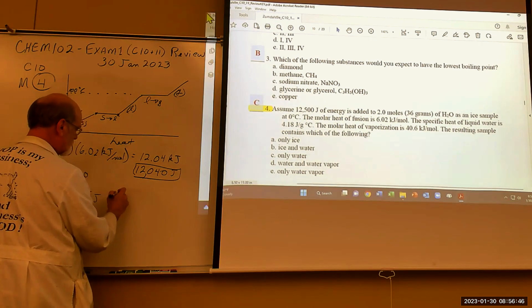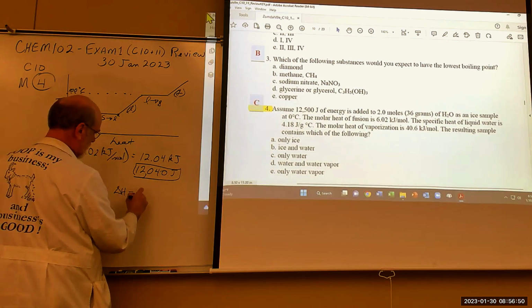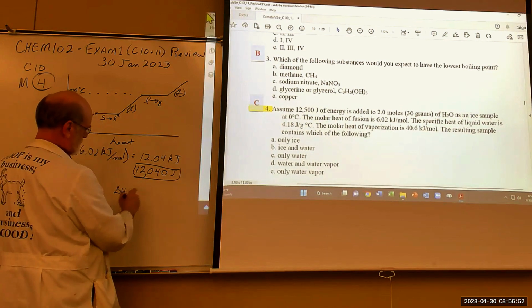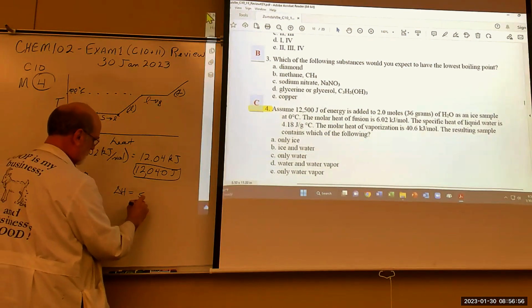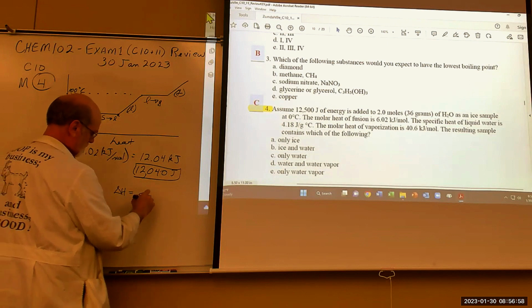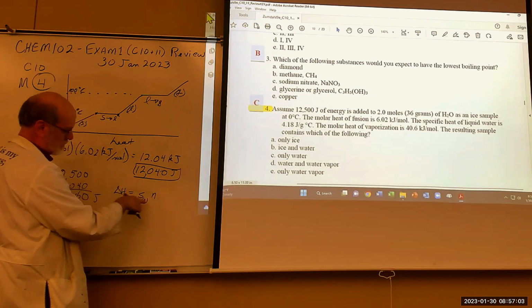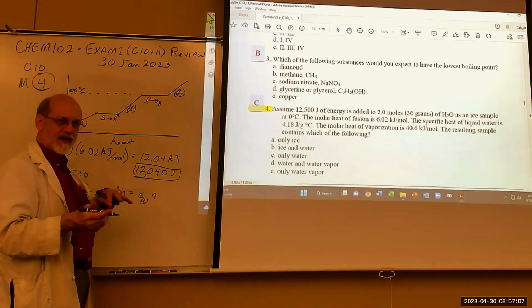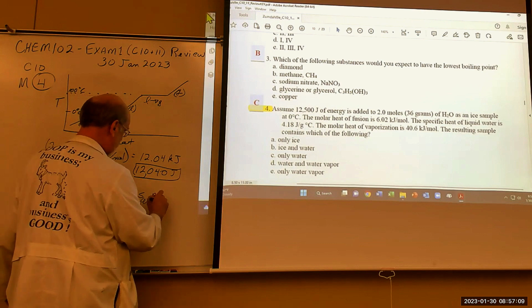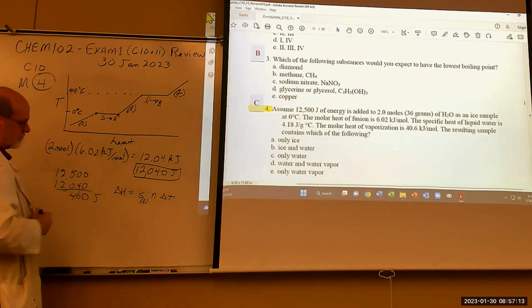The amount of heat is going to be the specific heat, S for liquid water, times how much of it there is, and we're using the molar specific heat, not the one with mass, but the one with moles, and then change in temperature. Correct?